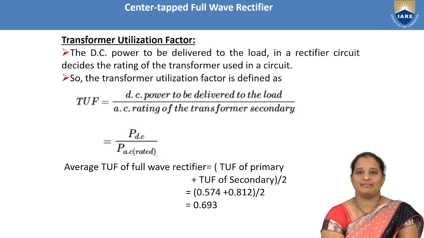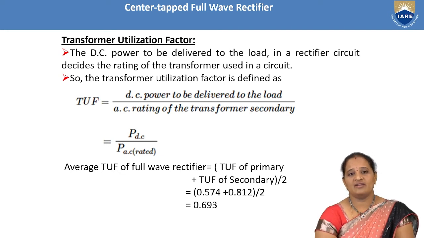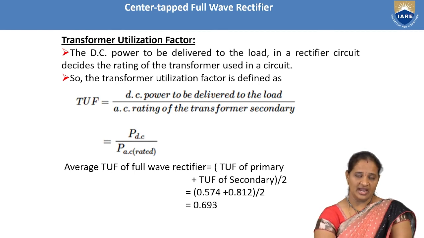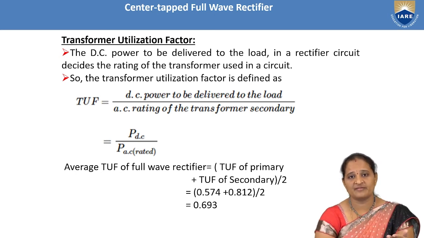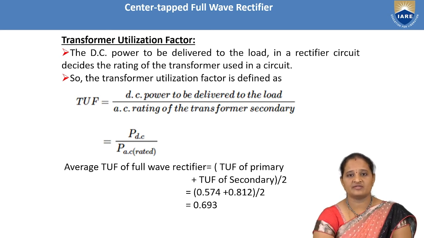But here, what happens? In case of center tap full wave rectifier, we are dividing the secondary winding into two halves. That means during the positive half cycle, diode D1 conducts and the upper half of the secondary winding acts as a half wave rectifier, and during the negative half cycle, as diode D2 is forward biased, the lower half of the secondary winding acts as a half wave rectifier.